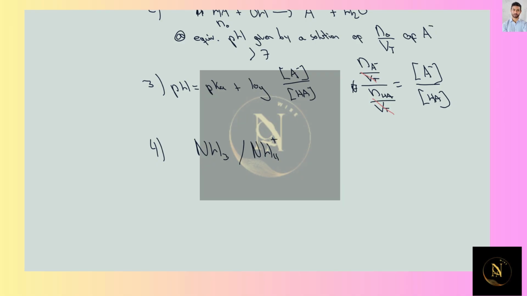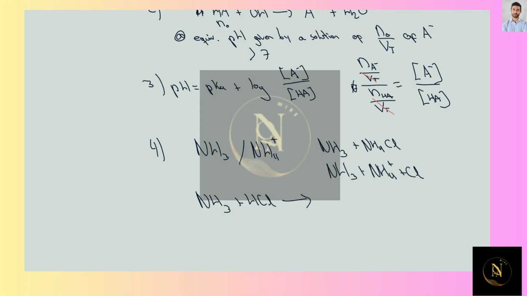In the first case, when we have NH3 plus NH4Cl, we are going to have both of them because this salt in solution is going to generate NH4 plus and Cl minus. In the second case, we have NH3 plus HCl.